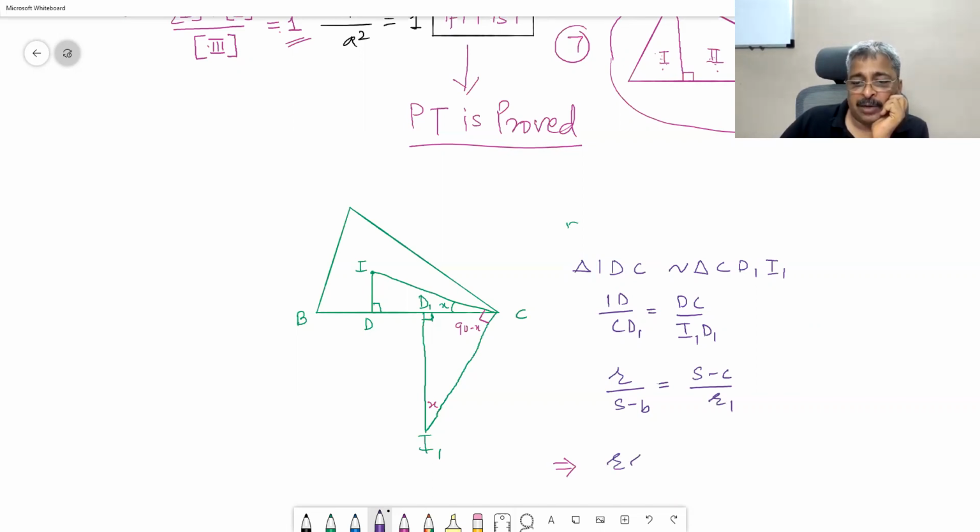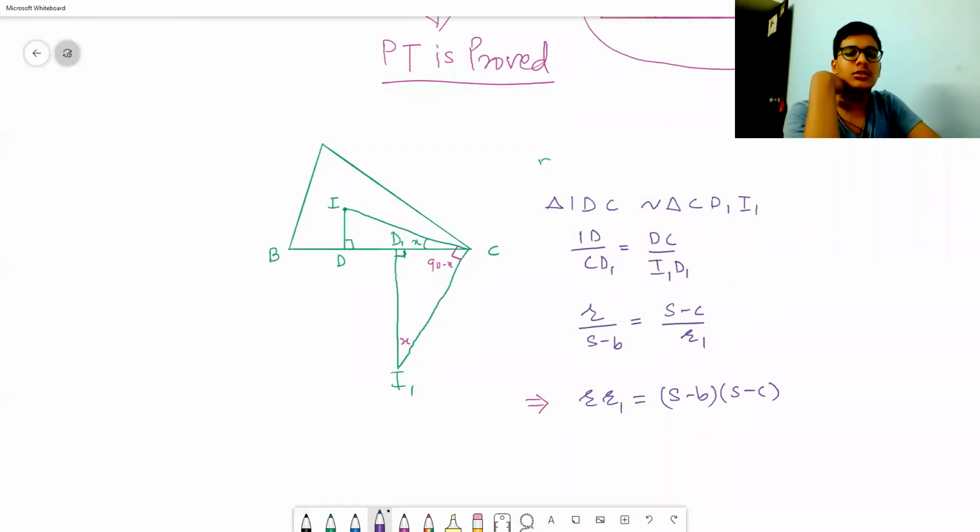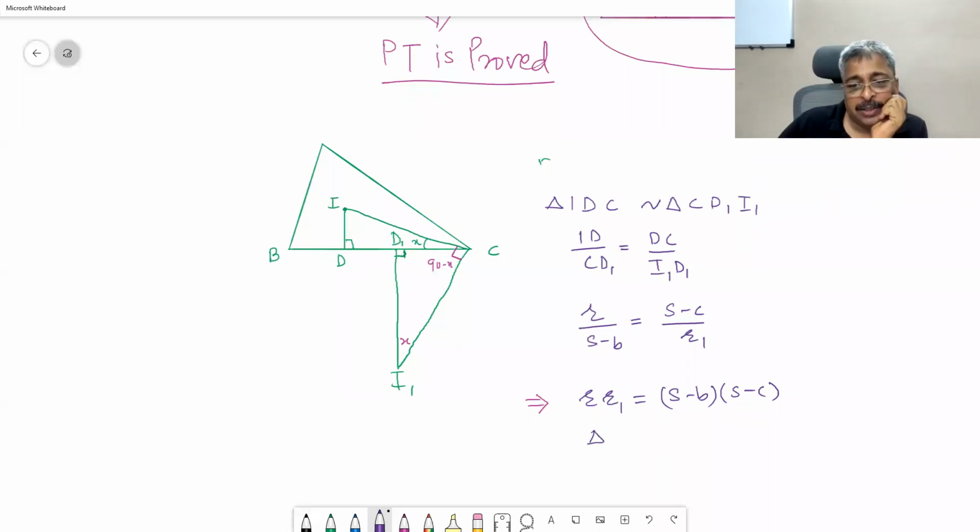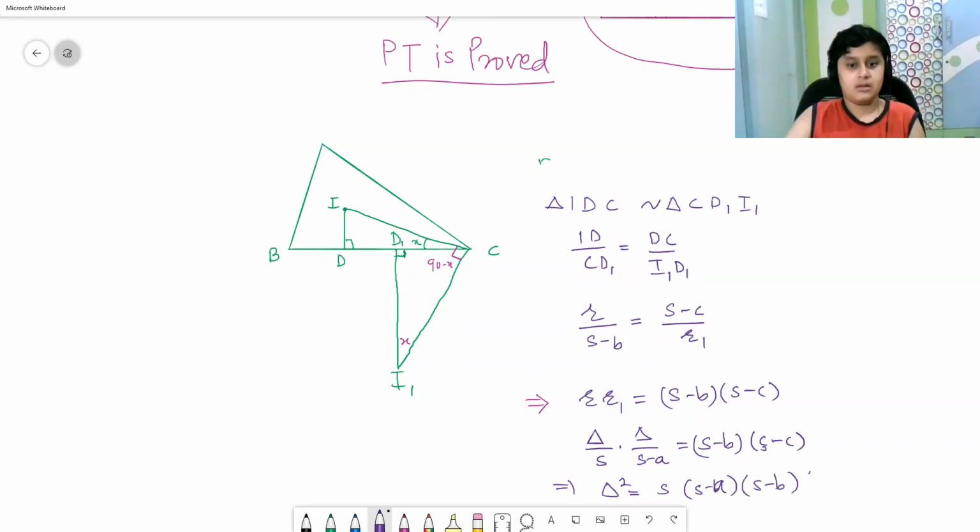This implies R R1 is equal to S minus B into S minus C. But R is equal to delta upon S. And R1 is equal to delta upon S minus A. So R R1 is equal to S minus B into S minus C. Is it okay? Therefore, delta square is equal to S into S minus A into S minus B into S minus C.